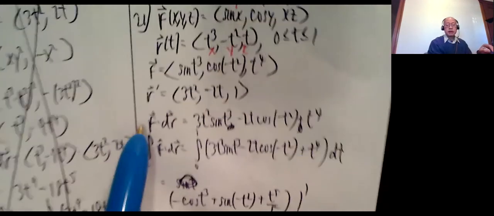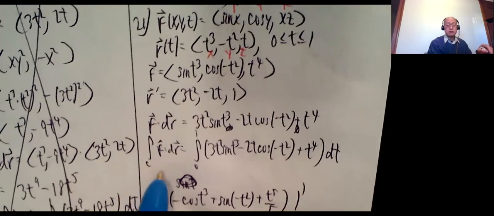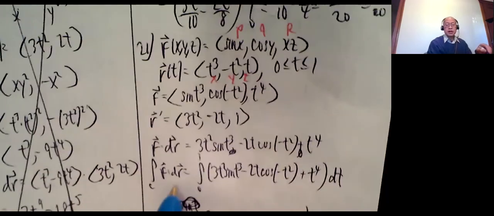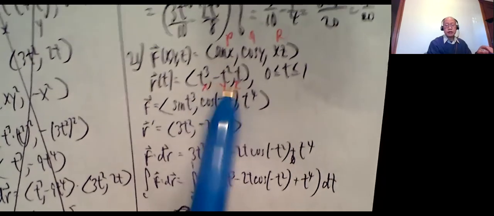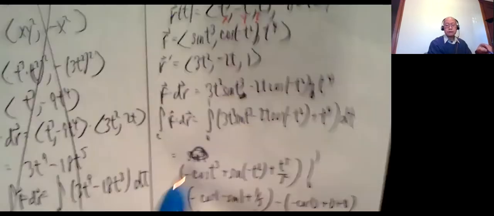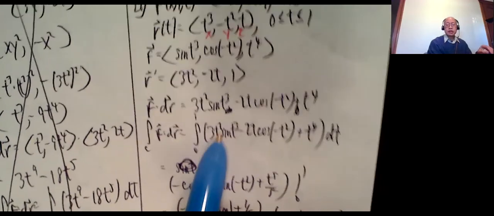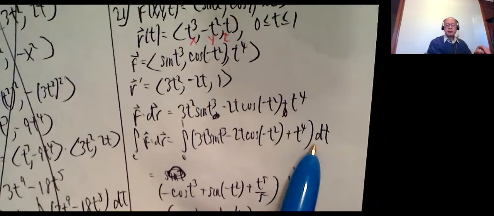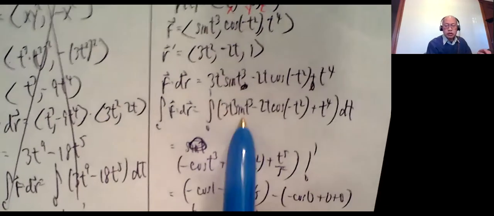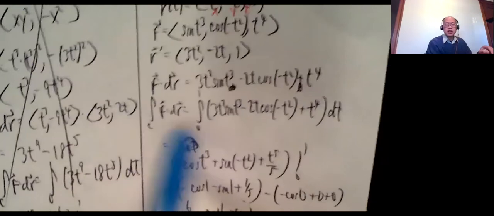All right, so I just integrate from 0 to 1. So the integral along the curve C of f dot dr, and this is a curve in space defined this way, right? Integral of 3t squared sine t cubed minus 2t cosine of negative t squared plus t to the fourth dt. Okay, if I were to do a u substitution, u equals t cubed, du is 3t squared, right?